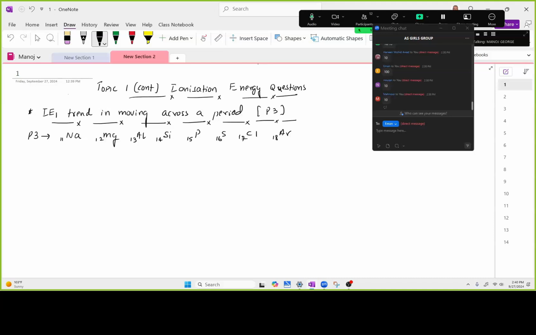Remember, we are going left to right across a period, and we are trying to understand how the ionization energy changes and why it changes. This is a very, very important discussion. It keeps coming so much in the examination.